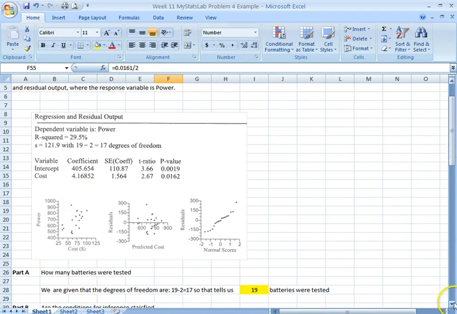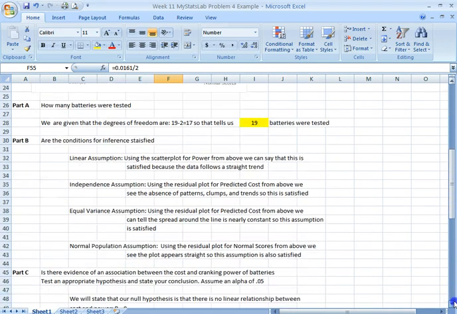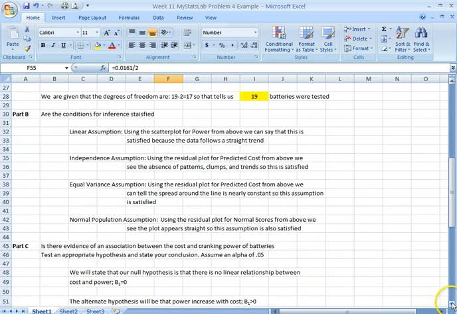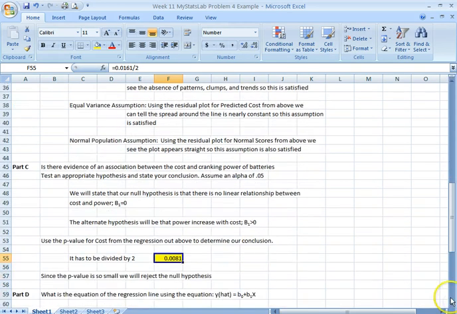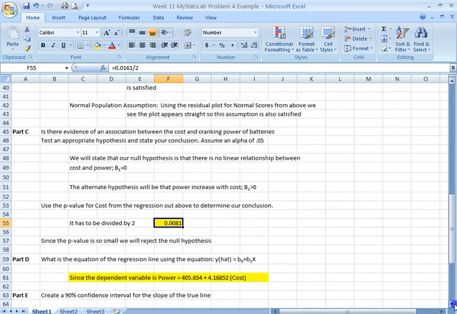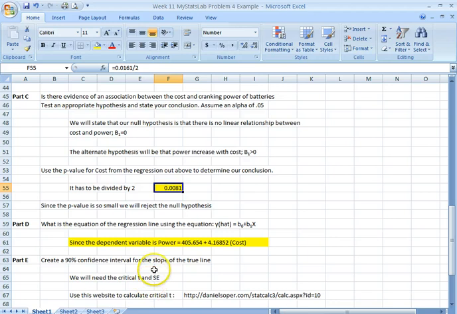So using those in our equation, we see that power is equal to 405.654 plus 4.16852 times the cost.